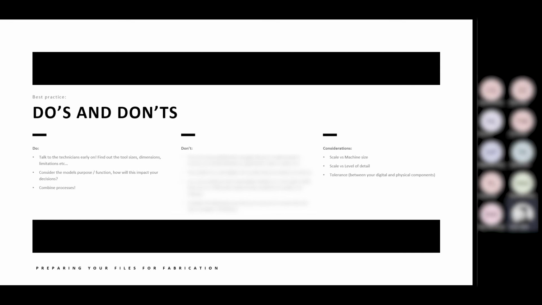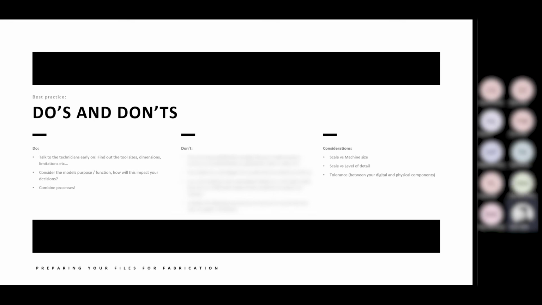So again, make sure everything is going to be a suitable scale for the objects, but also for communication as well. In terms of level of detail, I know we spoke about that already, just chucking it back out there again. But one thing we haven't talked about much is tolerance. Even if you draw something absolutely micron perfect in the software, it doesn't always mean it's going to fabricate that way.